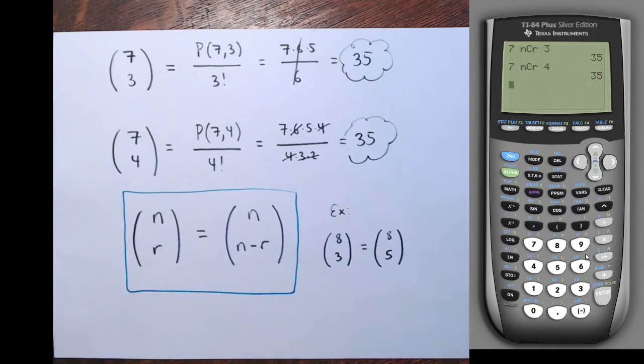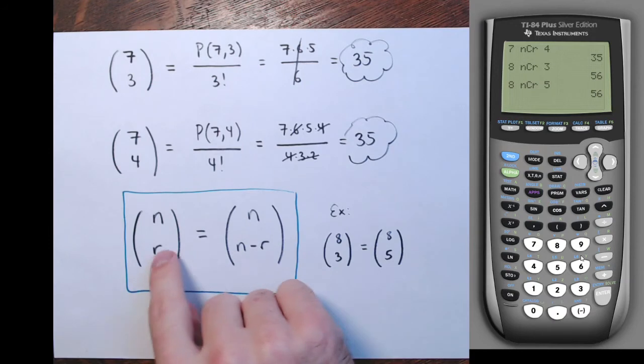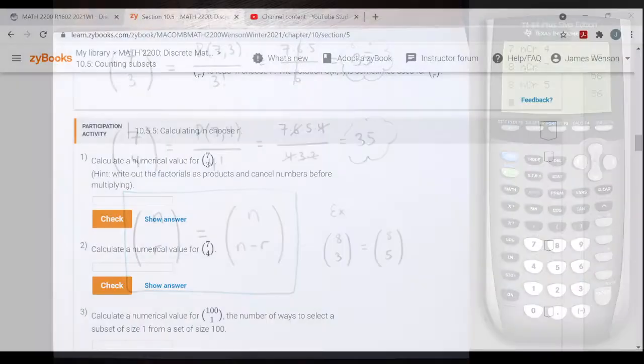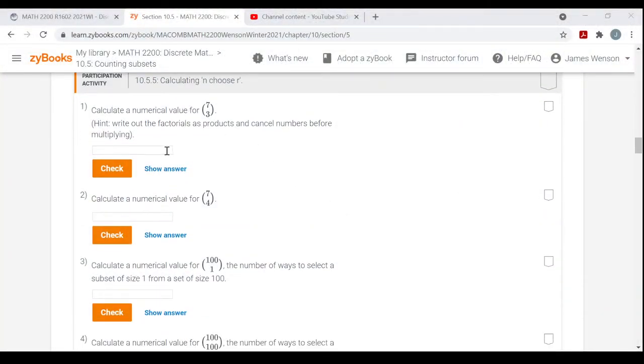You can check this on the calculator. 8 choose 3 is 56. And you see that 8 choose 5 will also be 56. Okay. So this is a nice rule to cut out some work sometimes. So again, those are both 35.